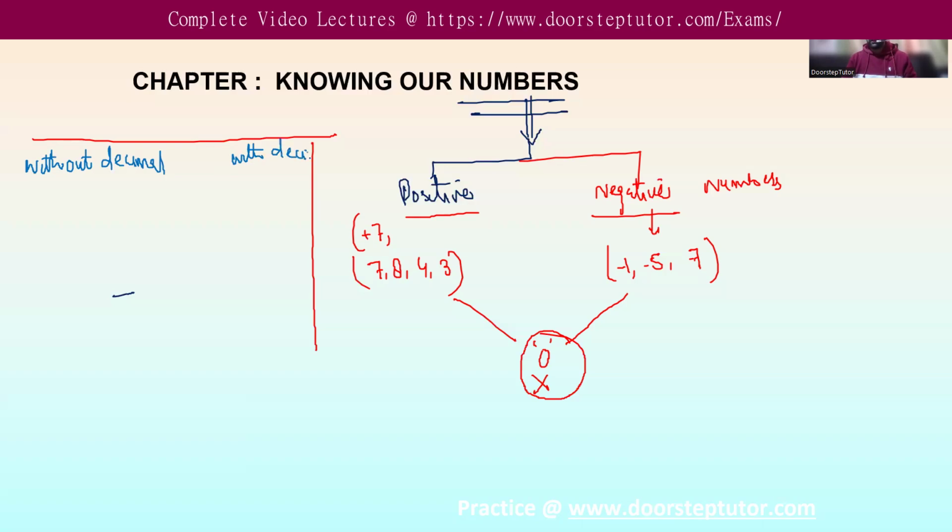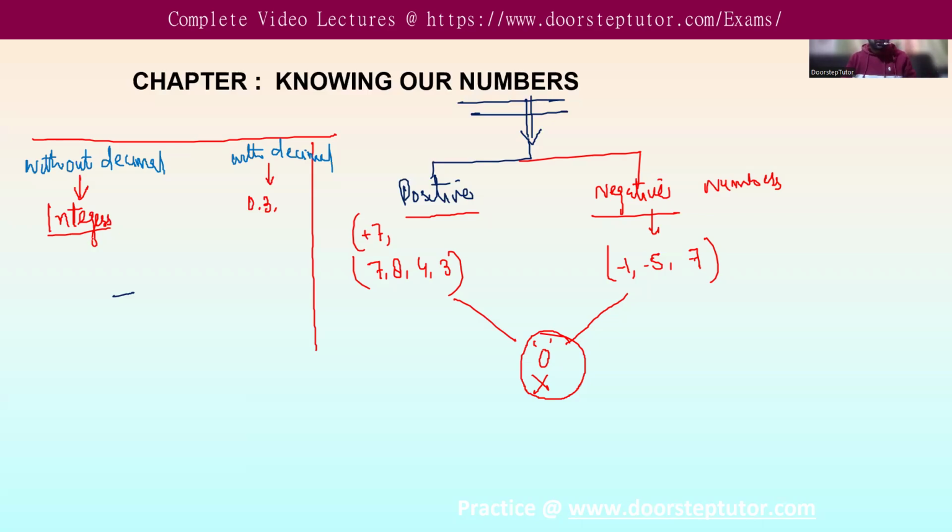So remember, my dear friends, numbers without a decimal are called integers. Some people are a little confused about integers. First definition: in an integer, no decimal sign is used at all, right? And if I talk about numbers with a decimal, for example 0.3, 7.8, all these are called decimal numbers, right?